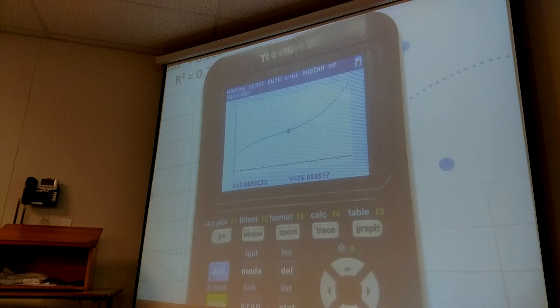If it did suddenly become flat, that would mean right there the position is not changing. I would have found a place where my velocity was 0. Did I find a place where the velocity was 0? No. So I can't find anywhere where it gets flat. You guys with me? This is all good stuff, because this is tying in what we know with what we're going to do in chapter 4. So that's why I didn't mind skipping 3-7 until now.